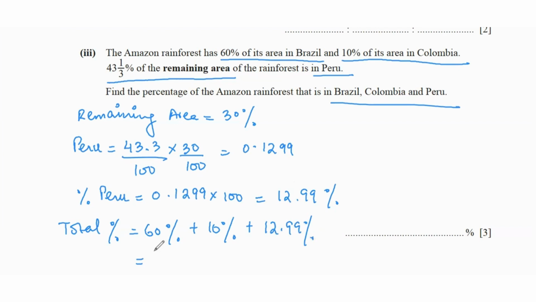And that is going to give us 82.99%, which approximates to 83%. So that is the percentage of the Amazon rainforest that is in Brazil, Colombia, and Peru.